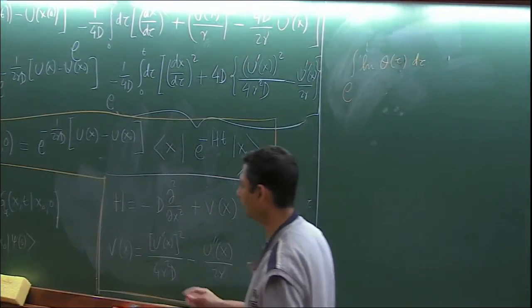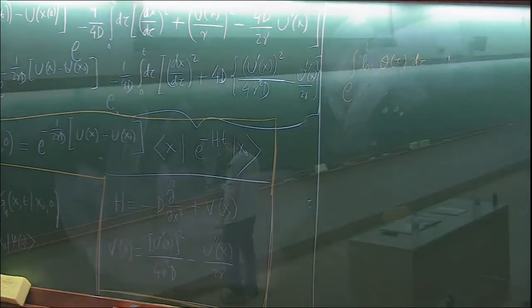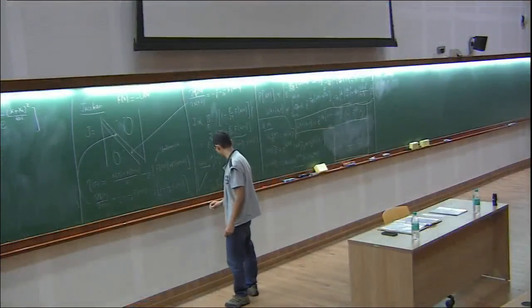So you know the theta function. The theta function is the Heaviside function. It's 0 for x less than 0, and 1 for x greater than 0. So this is called Heaviside.